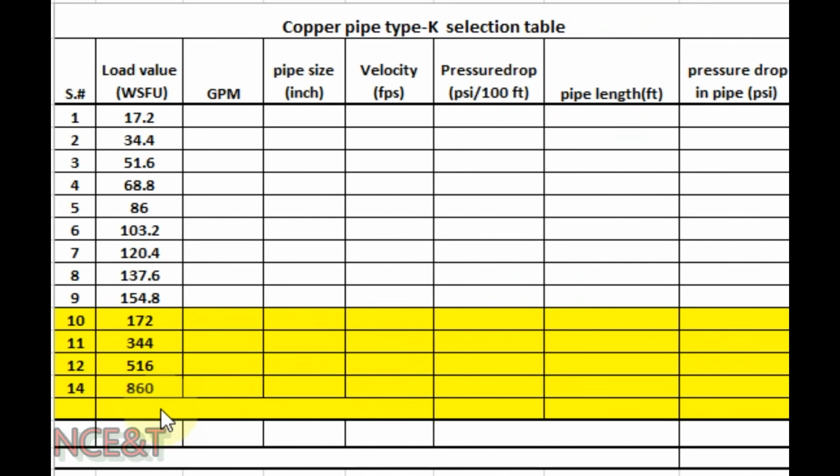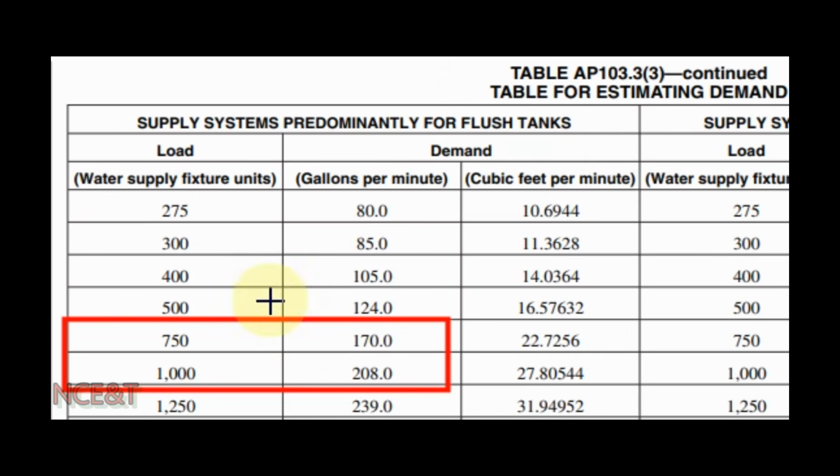And the last load value is 860 water supply fixture unit. To select GPM for the last value 860 water supply fixture unit, we have 750 water supply fixture unit, and the GPM needed for it is 170, and for 1000 water supply fixture unit we need the GPM 208.